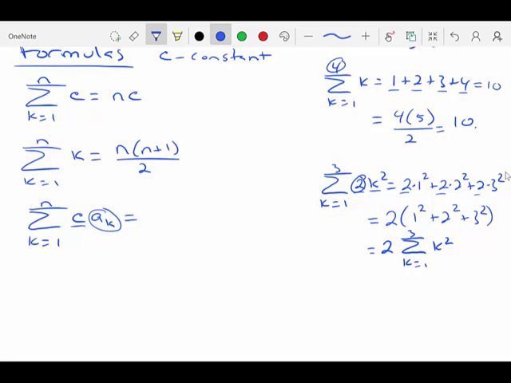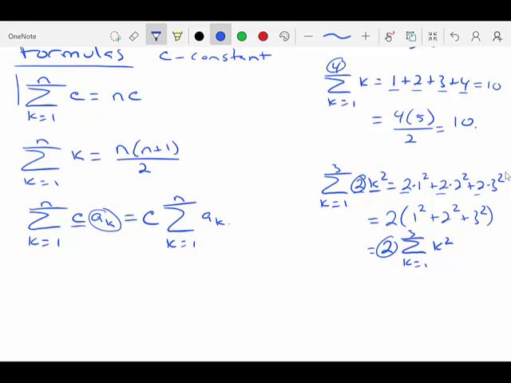So if I have a constant times some function of k, I can factor that constant out of the sum. So the sum as k goes from 1 up to n of c times a sub k is c times the sum as k goes from 1 up to n of a sub k.